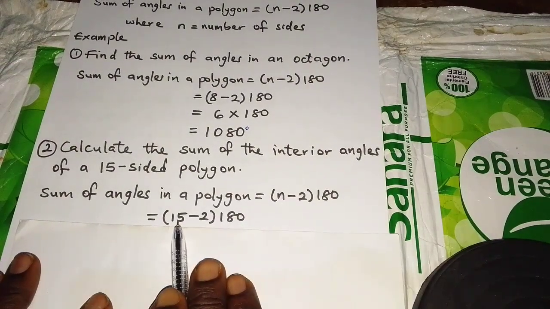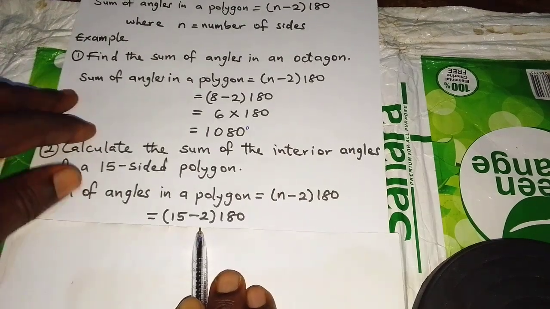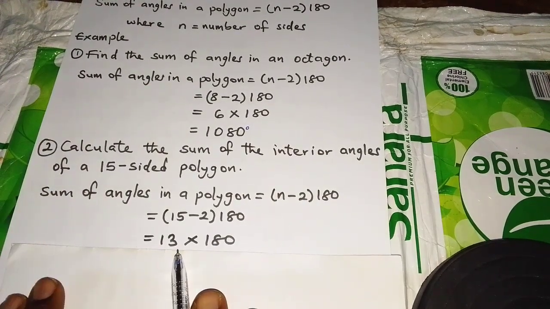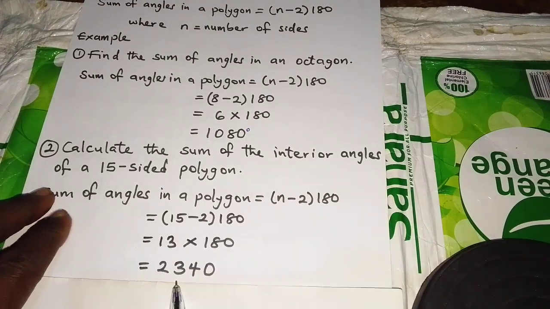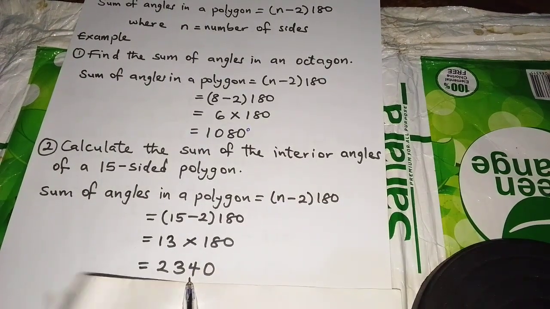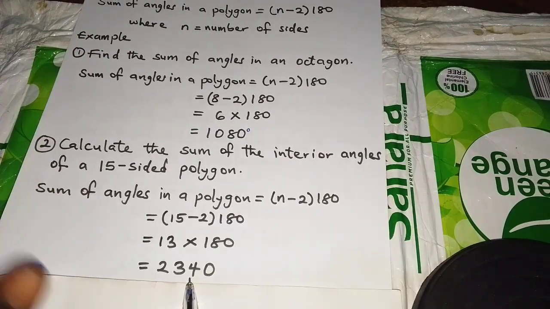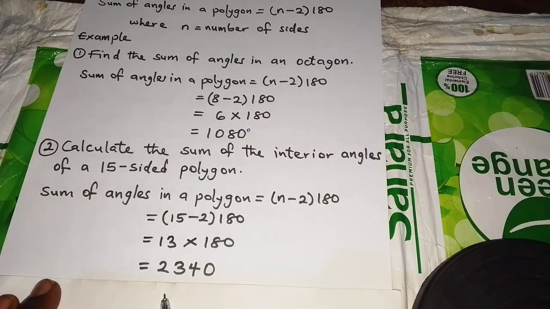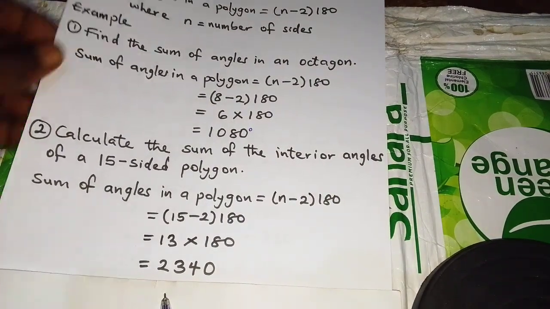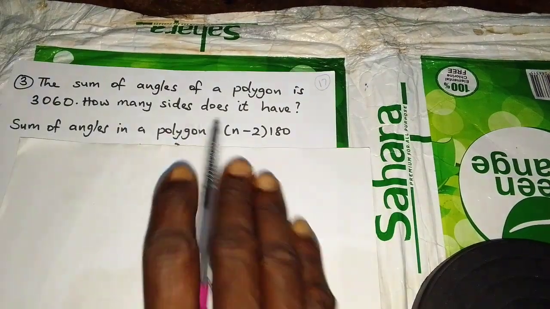When n is 15, we have (15 minus 2) times 180. 15 minus 2 gives 13. 13 times 180 gives 2340. So the sum of angles in the 15-sided polygon is 2340 degrees. Now let's look at another example.